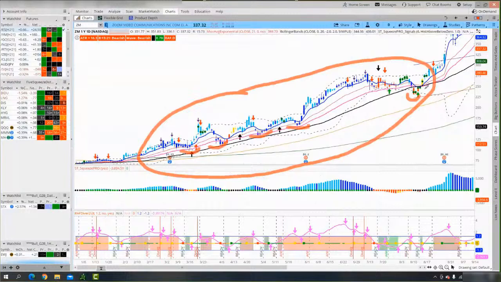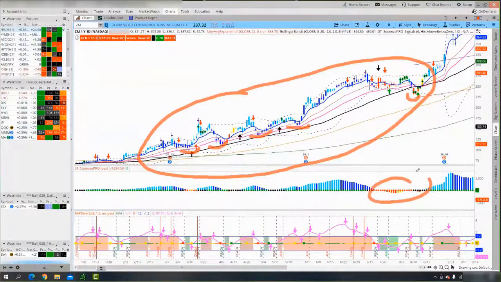Lots of times, guys, when you have that multi-month uptrend, when the squeeze breaks below support, it's just a head fake out. You have to go with the trend. When we get a squeeze in a multi-month uptrend, we have to assume the squeeze is going to fire to the upside. Because look, we're still in a squeeze.